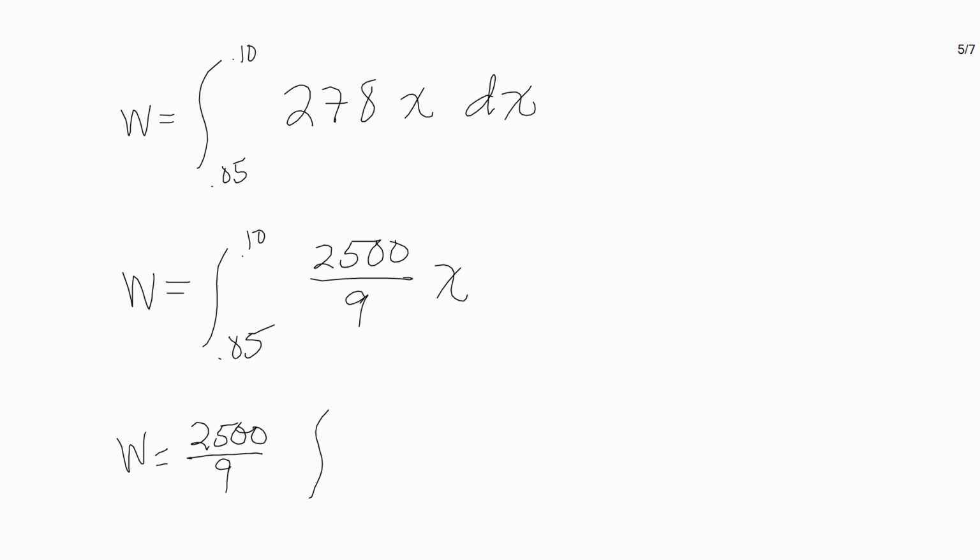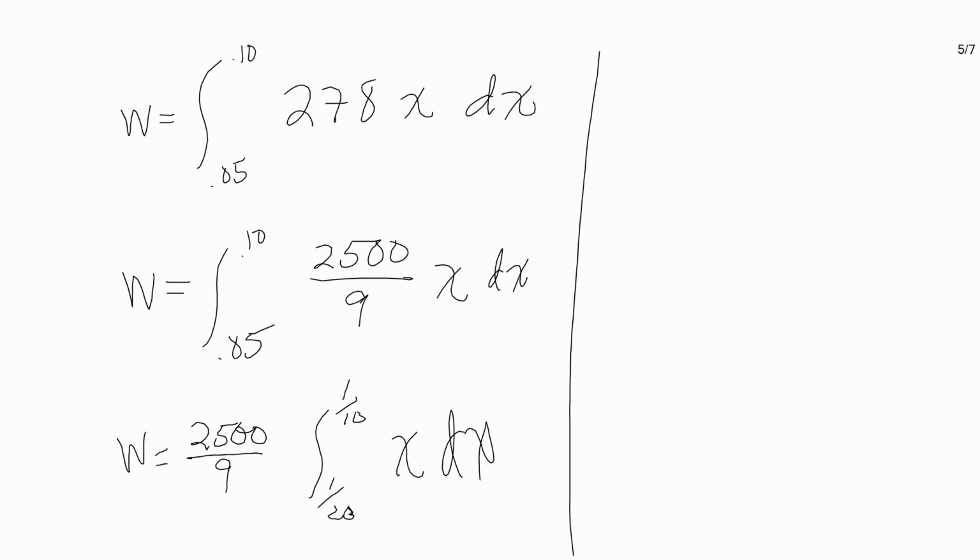And we can change 0.10, that'd be 1 over 10, right? You could do 1 over 10 here, and what would be 0.05? That would be 5 over 100, right? 1 over 20. And I'm doing this just so I don't have to do, oh, I forgot my dx up here. Don't forget your dx.